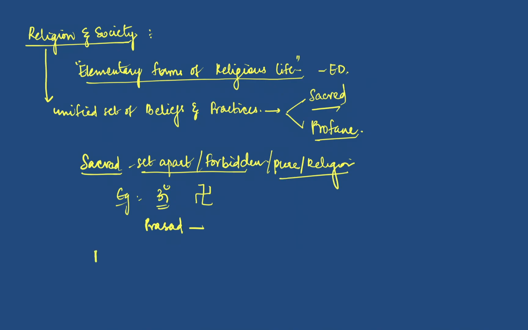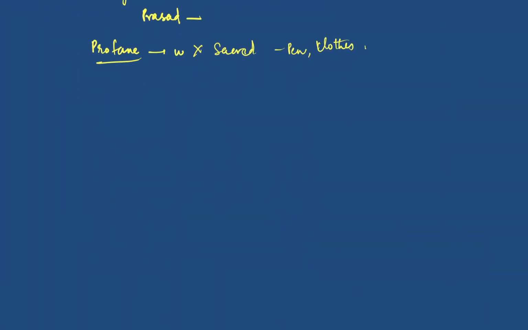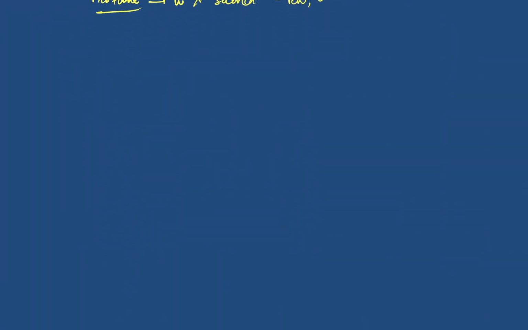On the other hand, you have this thing called the profane. Okay, the profane is nothing but that which is not sacred, right? For example, the pen, your clothes, all these are not sacred for you. They're just there because you need them, right? So after this, he gives a list of what exactly consists of sacred, right?